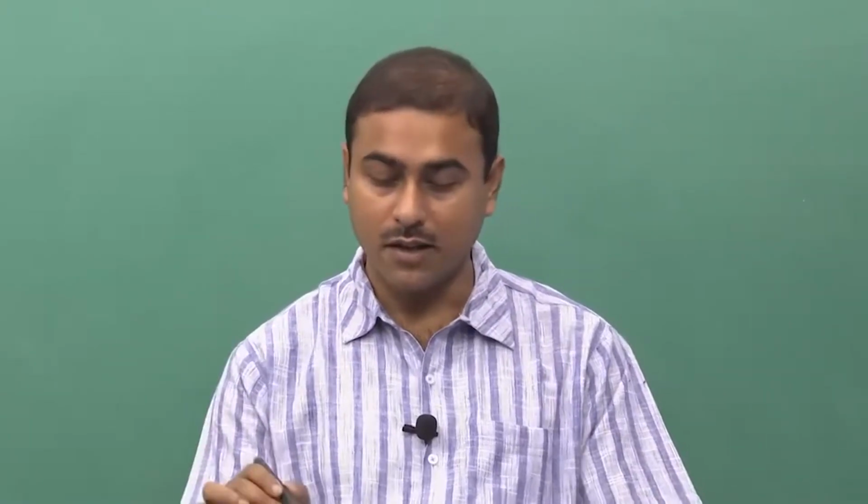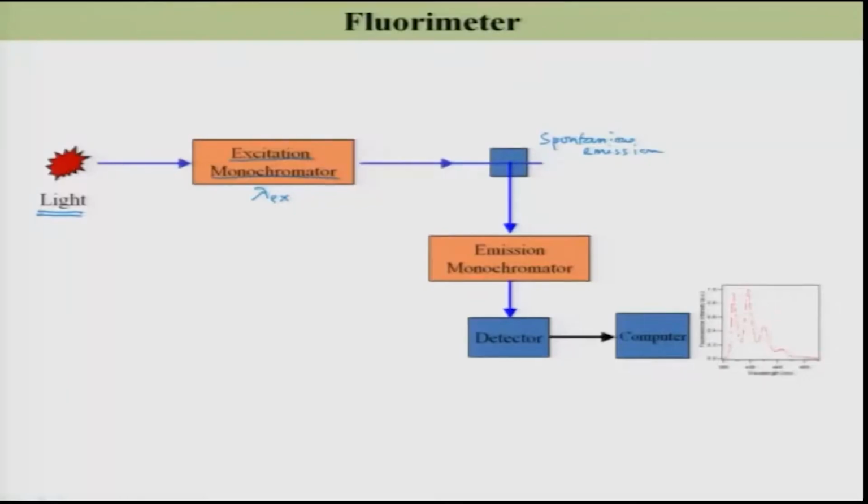During the measurement you keep the setting of the excitation monochromator fixed at your desired lambda excitation. However, you scan this emission monochromator throughout the emission band, and then you will get the intensity of emitted light at every wavelength.